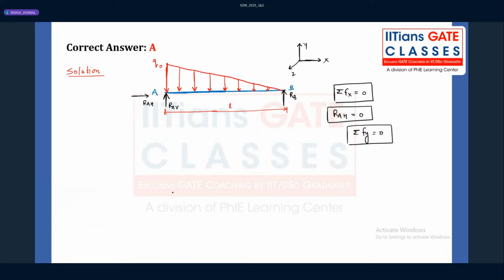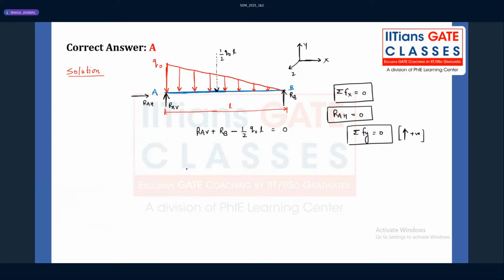That is the second equilibrium equation. We are considering upward force as positive, then RAV plus RB minus half of Q naught into L, the equivalent total load for this uniformly varying load, which acts at a distance of L by 3 from the support A, is equal to 0.